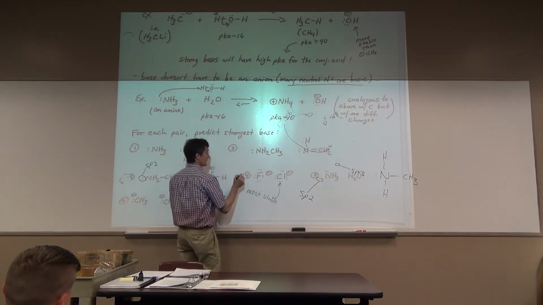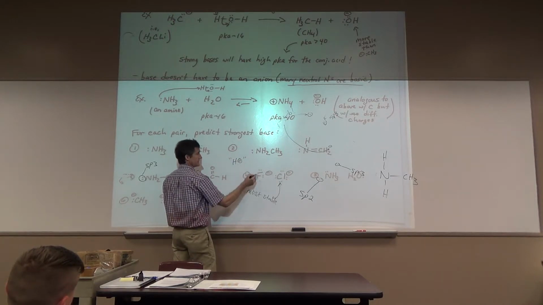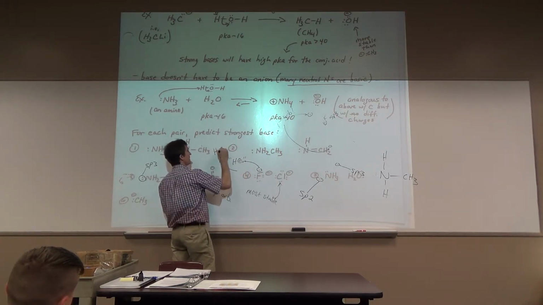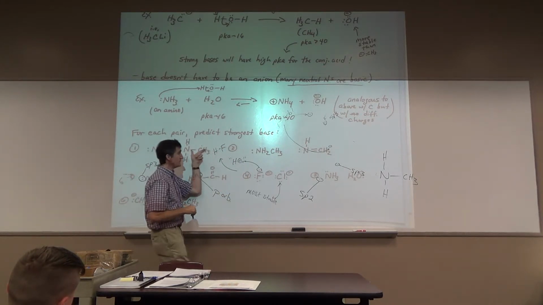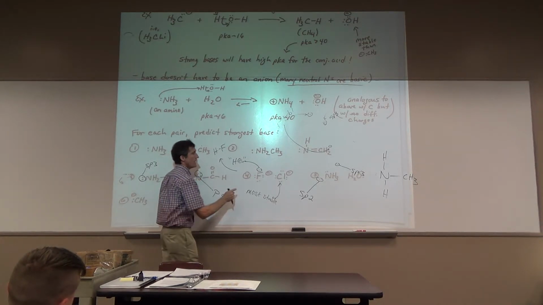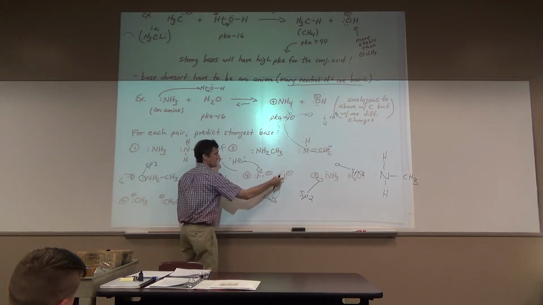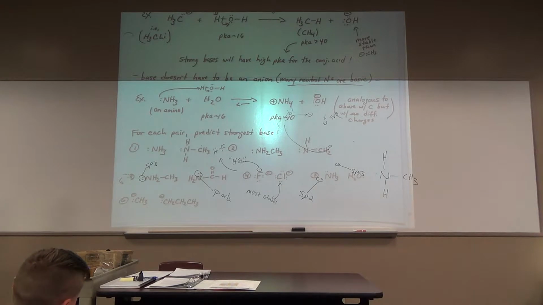So it will react with a proton, H plus is generic, some type of acid, to go back to what? Right, to go back to HF. It would rather be in the neutral. But does that make sense? The more stable one is happy being minus. The other one wants to go back to neutral.